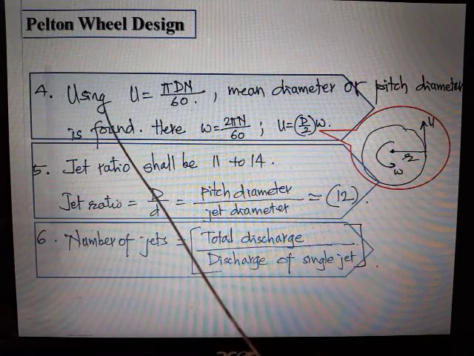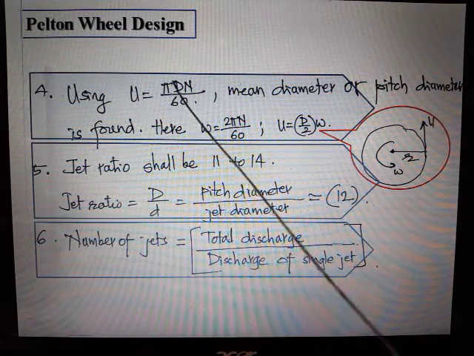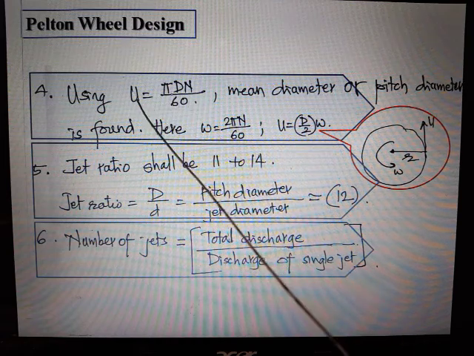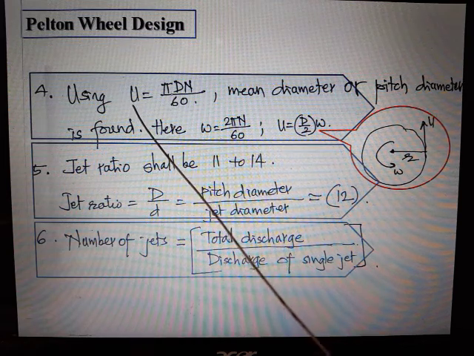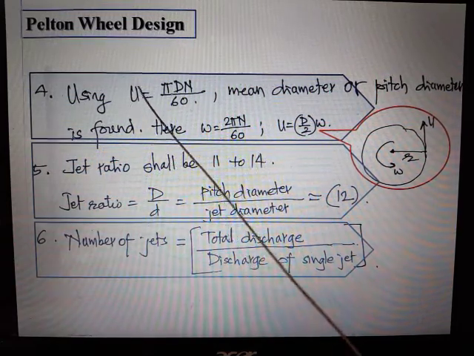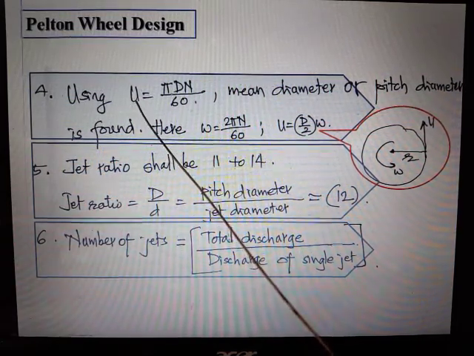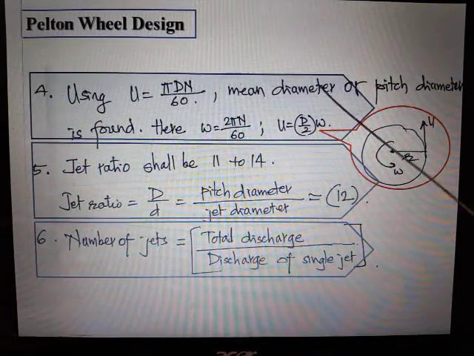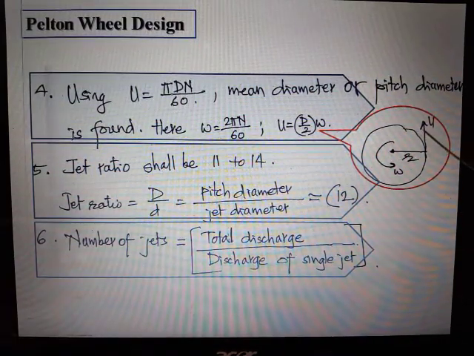So next, using U equal to pi D N by 60, this relation we can find out the velocity of the vane. This velocity of vane is already found. Now using this relation we'll be finding out the mean diameter or pitch diameter.